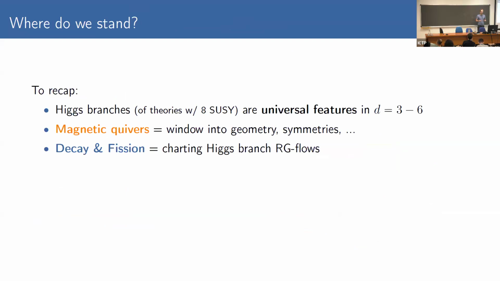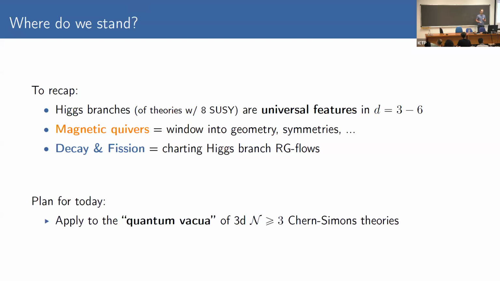And the magnetic quiver is the answer because we have now a lot of machinery from the 3D N=4 background. What I now want to do is use all of this advertisement and tools that we have developed on a different set of theories which have a similar problem. And those are precisely these Chern-Simons matter theories in 3 dimensions. Any questions up to here?